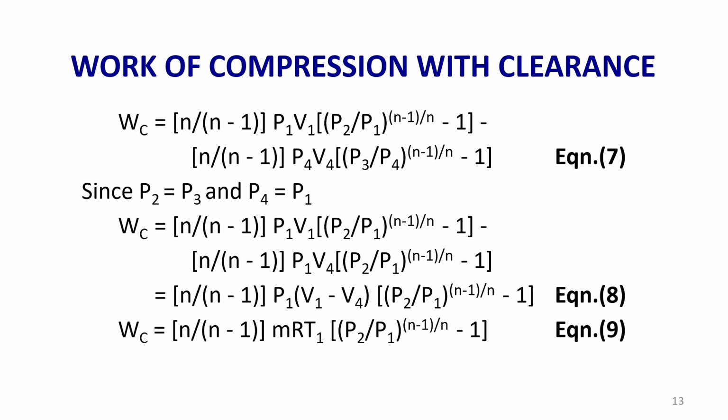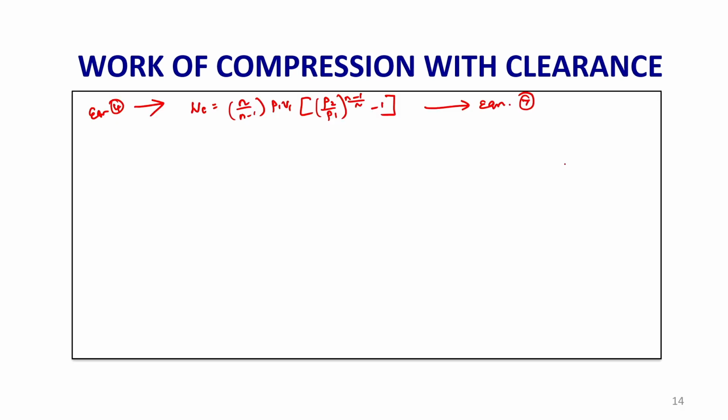Okay. So, now equation number 7 is from equation 4. What I am going to do is take equation number 7 and complete the equation. So, equation 4 is this one.